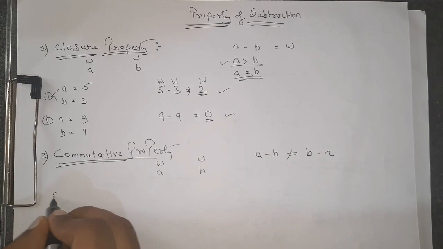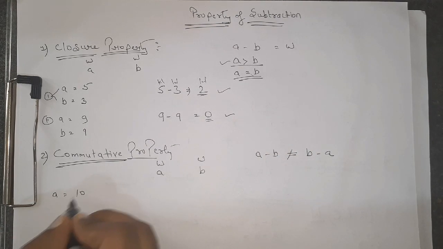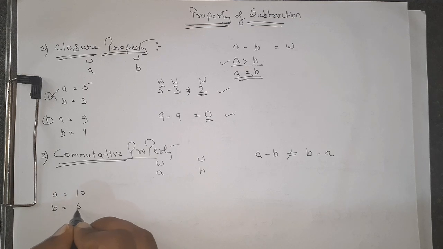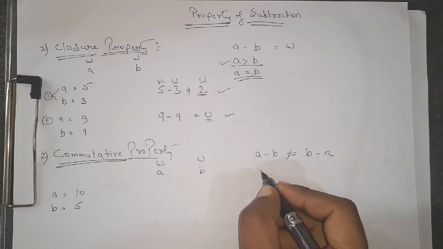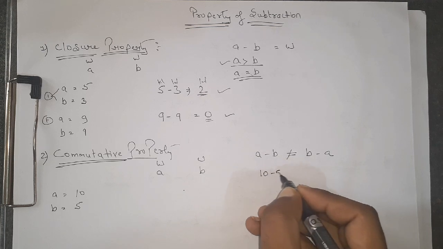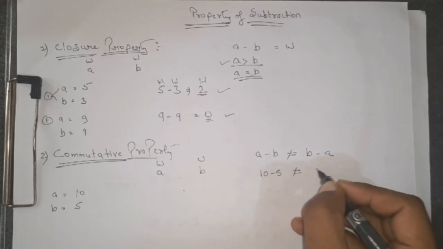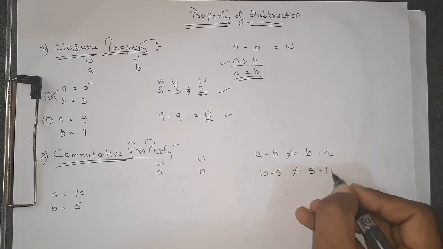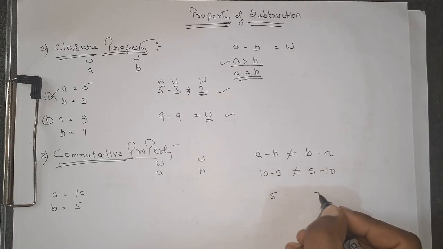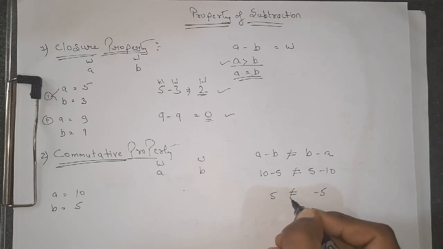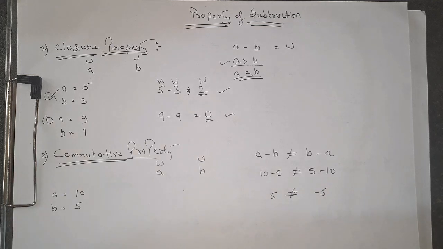If I say a is 10 and b is 5, then 10 minus 5 will not be equal to 5 minus 10. Because 10 minus 5 is 5, but 5 minus 10 is minus 5, which is not at all equal.